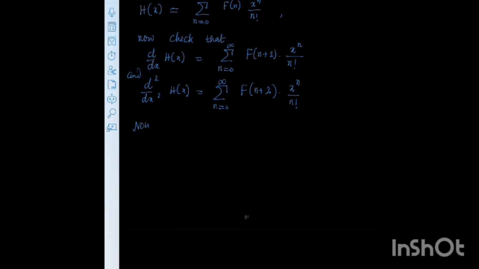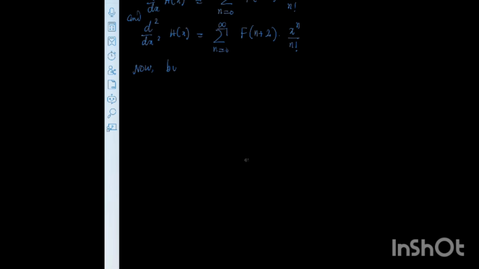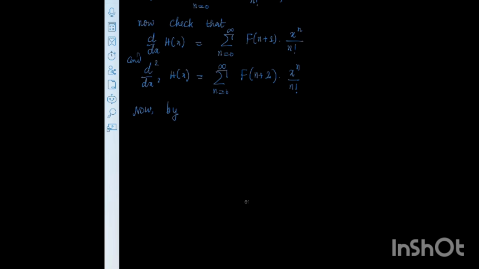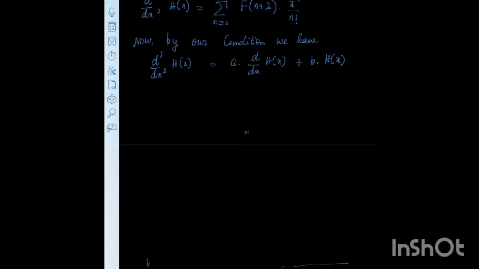So now, by our condition f(n+2) = a f(n+1) + b f(n), we have d²/dx² of h(x) equals a times d/dx of h(x) plus b times h(x), because we assumed the recurrence relation f(n+2) equals a times f(n+1) plus b times f(n).